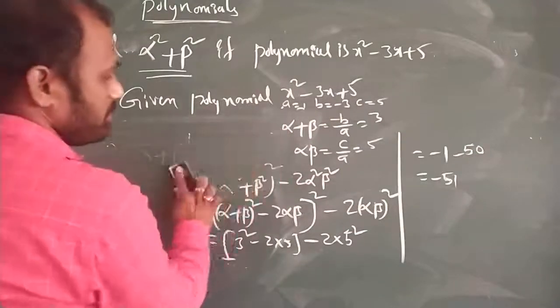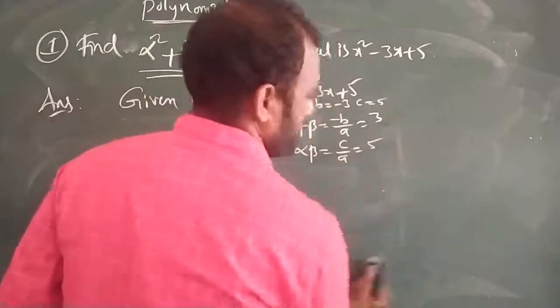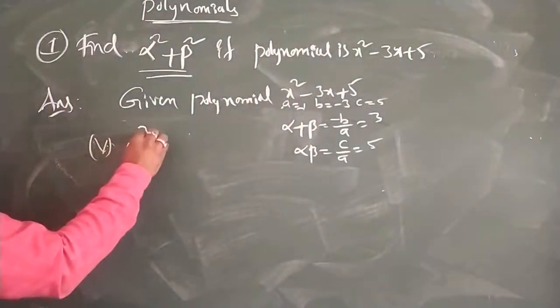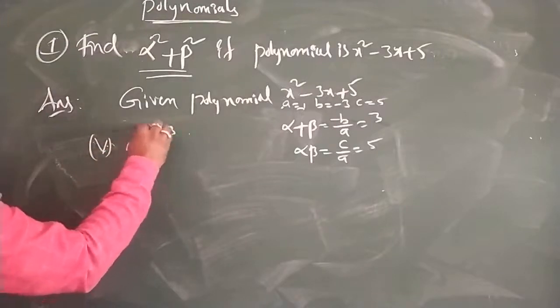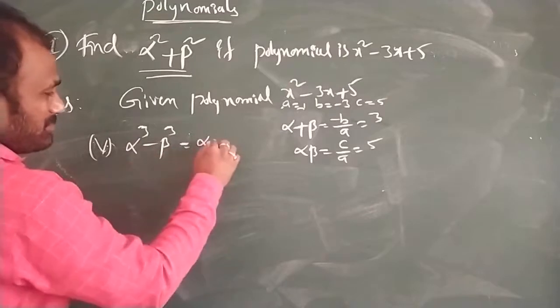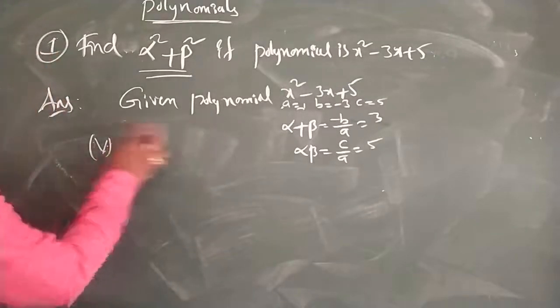Next question of the same type. If it is alpha cube minus beta cube, it will not come in this part.